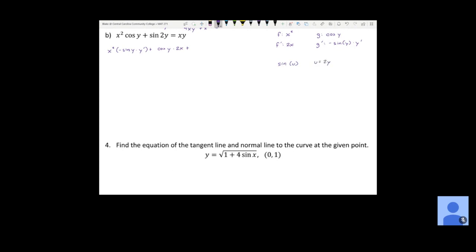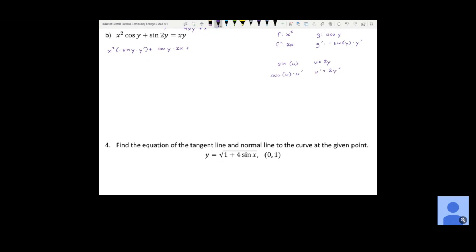What's the derivative of 2y going to give us? Good. 2y prime. What's the derivative of sine of u going to be? Cosine u. Because it's a chain rule, we have to multiply by u prime.